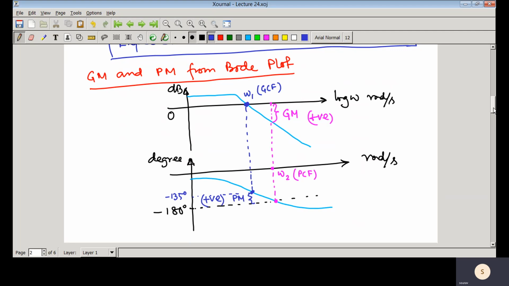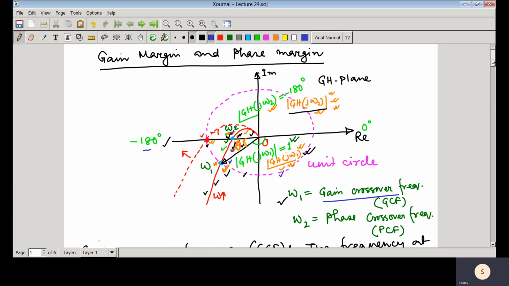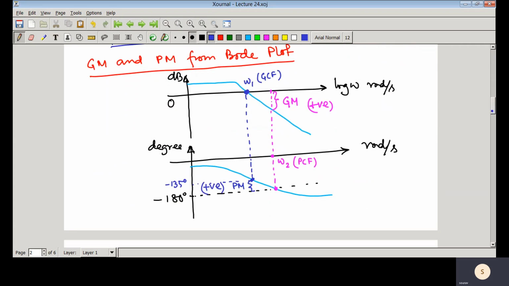What we have discussed so far is that we have defined gain margin, phase margin, and gain crossover and phase crossover frequencies, and how to define gain margin and phase margin from the Nyquist plot. And then we have shown that gain margin and phase margin can also be obtained from the Bode plot. Now there is one question.